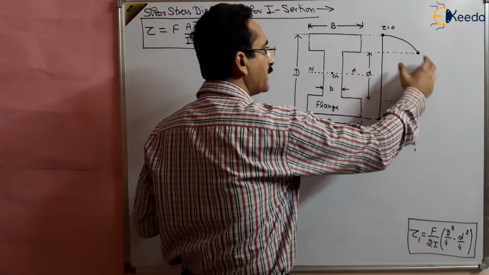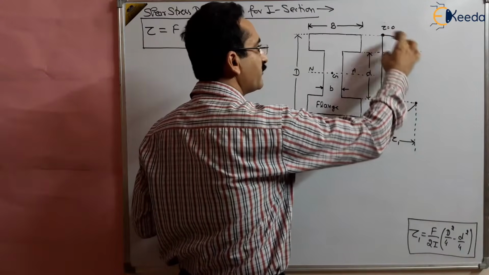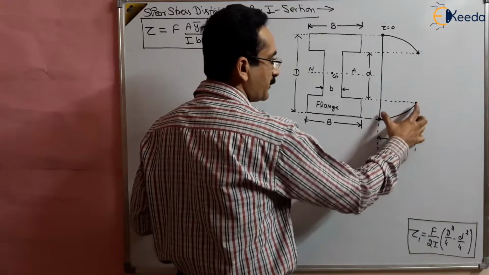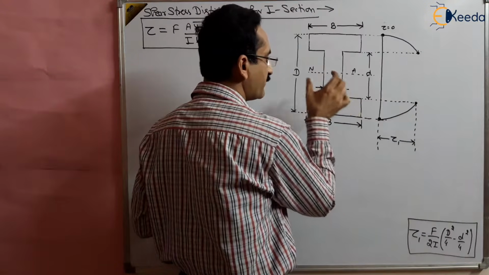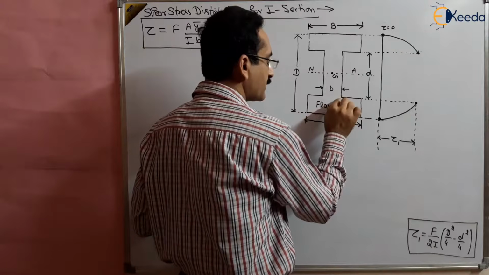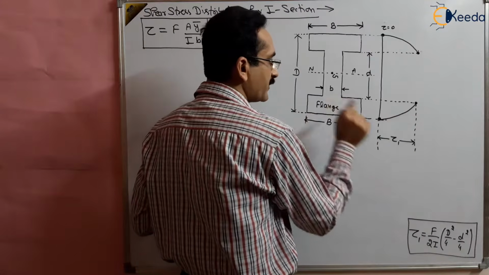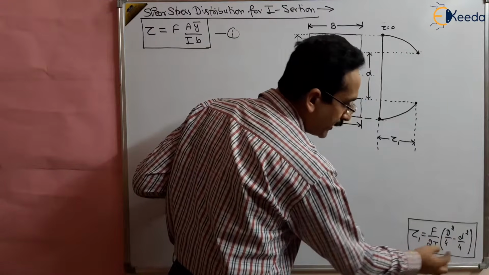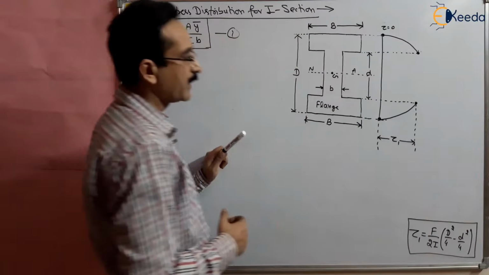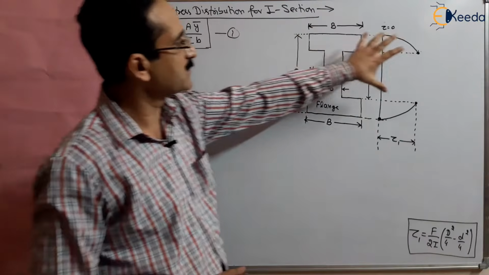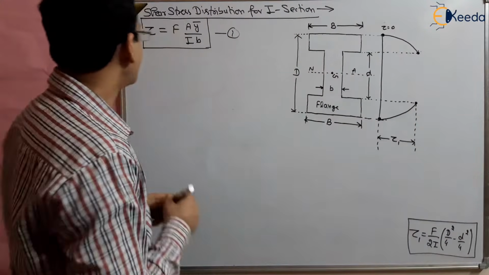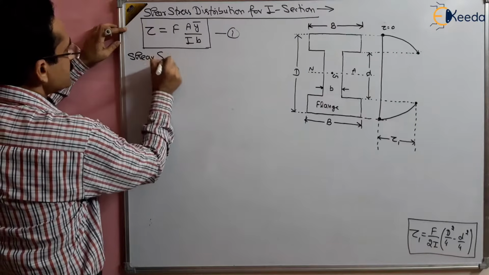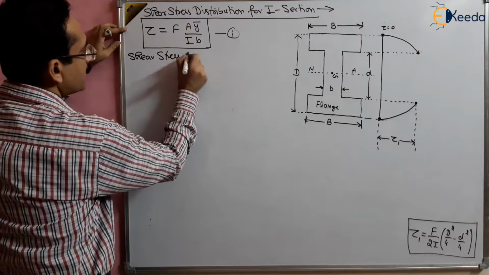We have already obtained the parabolic distribution in the flange part, and the maximum value of the shear stress in the flange, where the flange and web meet, was tau 1, given by F by 2I times the bracket value, right? So this is the shear stress distribution in the flange. Now we want to find out the shear stress distribution in the web.